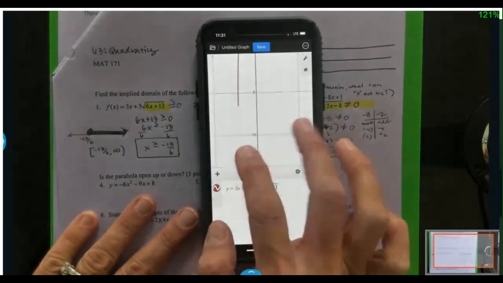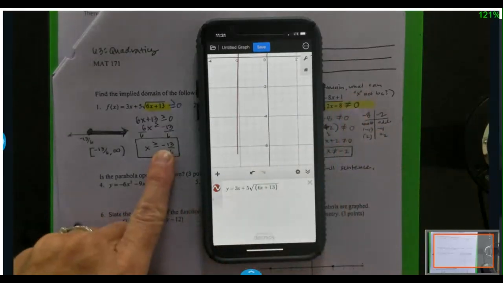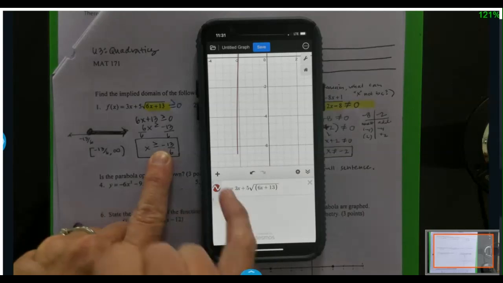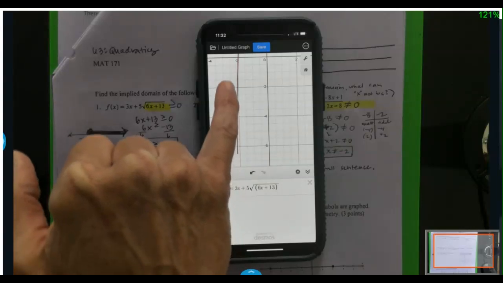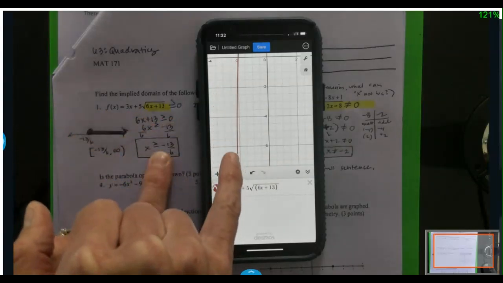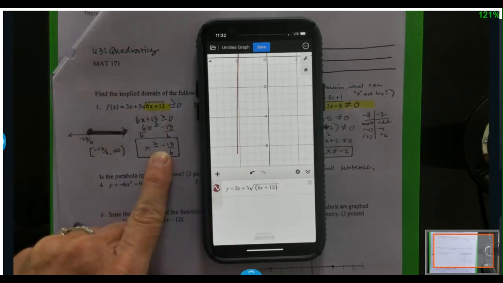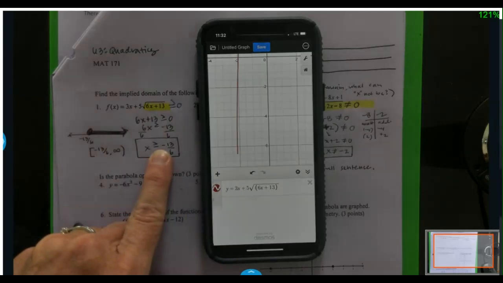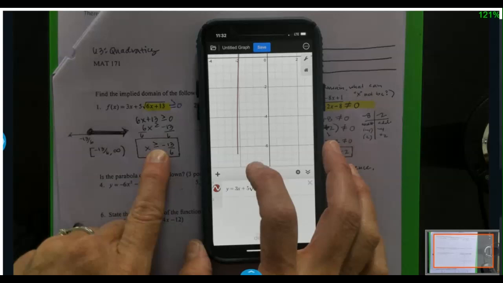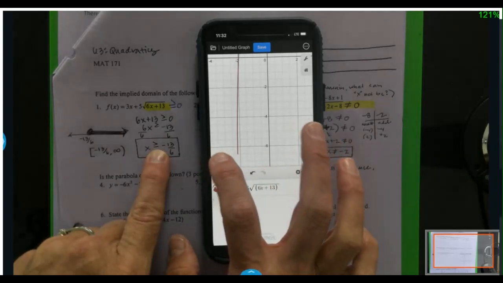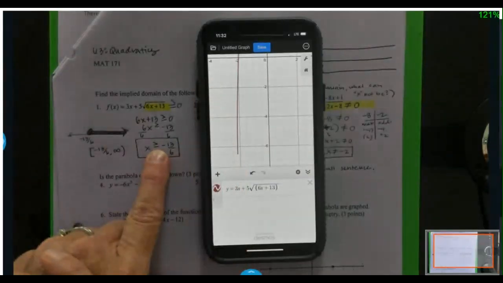We said it had to be negative 2.2 or greater. What is the furthest tip to the left this graph crosses? If this is negative 2, don't y'all agree that that's probably negative 2.2? The graph does what we said. We said that this graph right here in red could not start before negative 2.2. And lo and behold, there's negative 2.2. The furthest most point to the left, the domain would be negative 2.2.